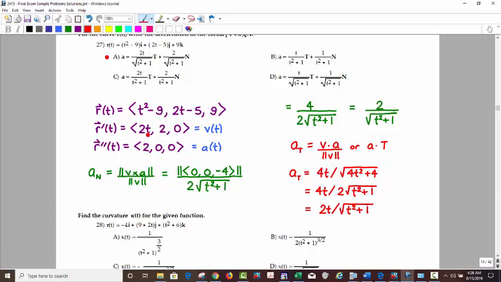I won't go through all the steps of the cross product of v and a, but a lot of zeros, and you just end up with 0, 0, negative 4 as your vector, which just gives you 4 when you do the magnitude. And that reduces to 2 over the square root of t squared plus 1. So there it is. There's your a_n component right there. So answer A was correct.